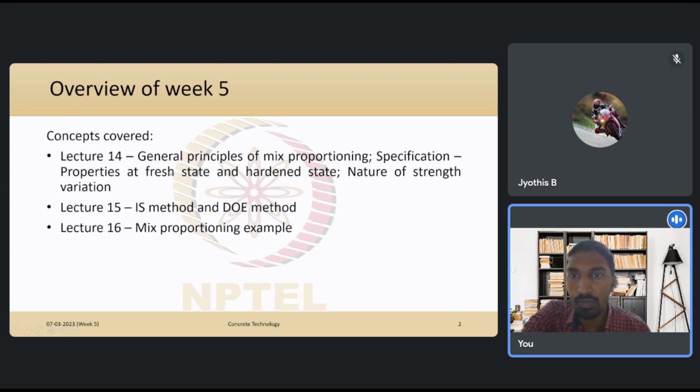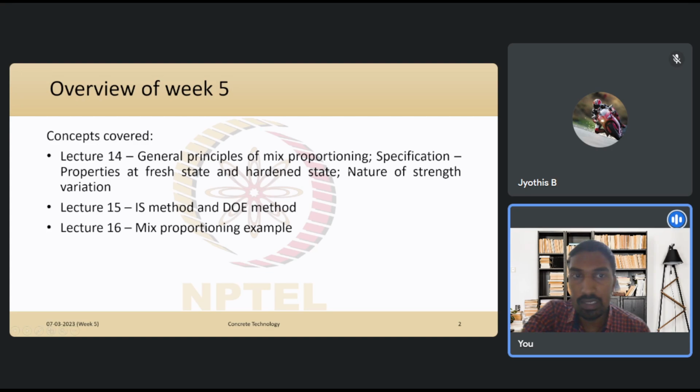The fresh state properties like the workability, generally defined in terms of slump or other metrics as well, like VB time or compaction factor. And then also the properties at the hardened state, like the compressive strength, the durability, and so on, right? Those are the values that we will try to achieve through our mix proportioning.